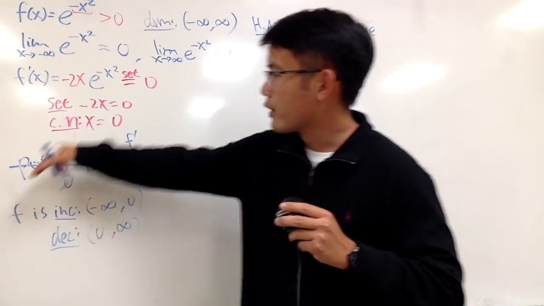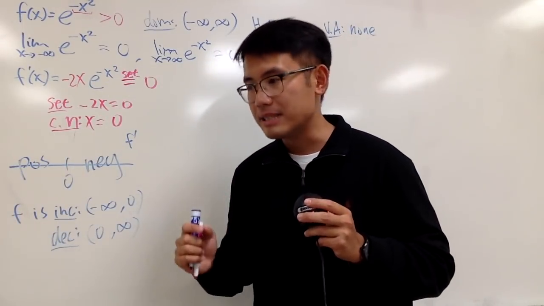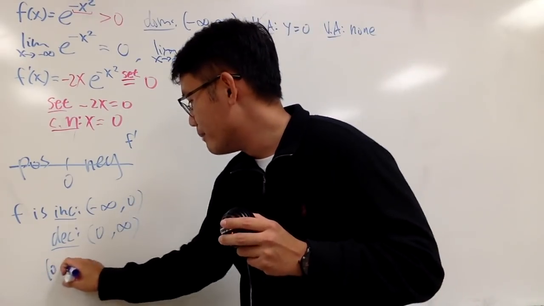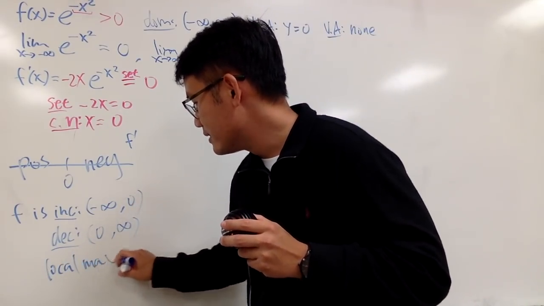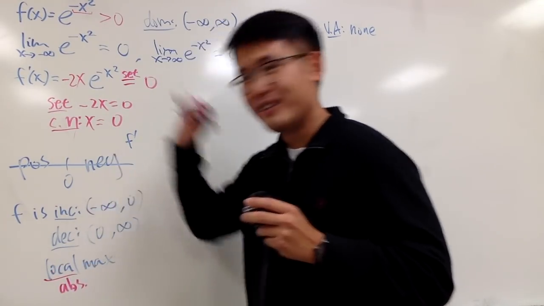And because you have going up and then going down, we do have an absolute maximum in this case particularly. Technically, we can say local max, but in fact, this is also the absolute max in this particular situation.